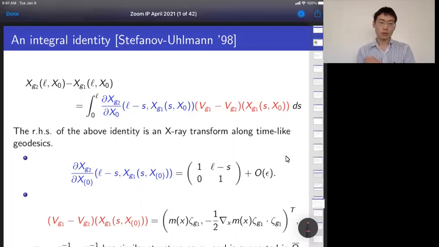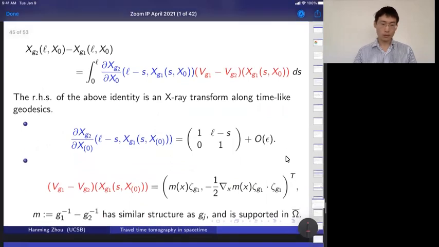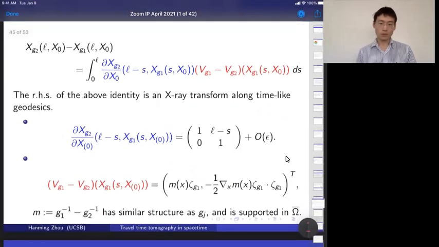Here the integral identity basically says that the difference of the scattering relations for these two metrics can be expressed in terms of some integral along time-like geodesics in our case, because we are considering the boundary distance function with respect to time-like geodesics. The right-hand side is exactly an X-ray transform along time-like geodesics.